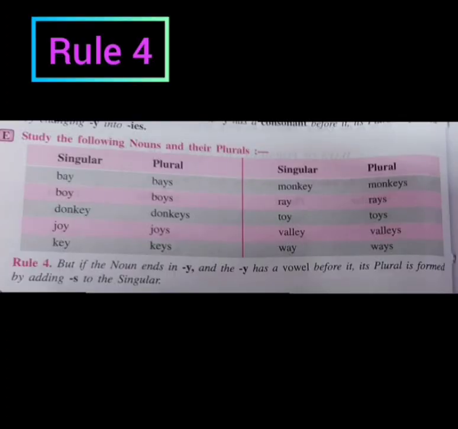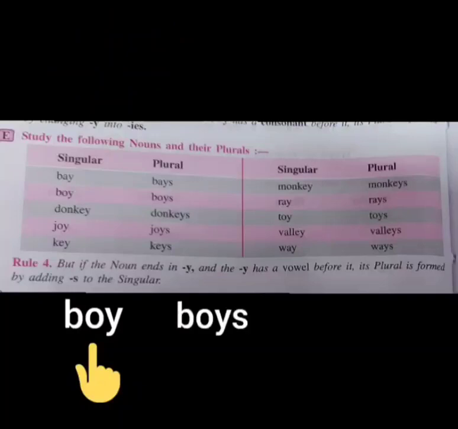Now students, rule number 4 says, but if the noun ends in y and y has a vowel before it, its plural is formed by adding s to the singular. Students, in the previous rule we have already understood that if we have a consonant, then how we can form the plural.